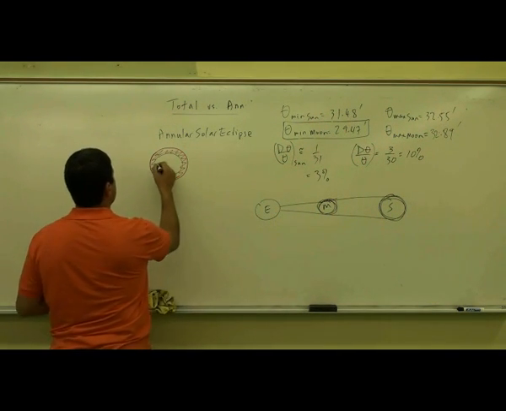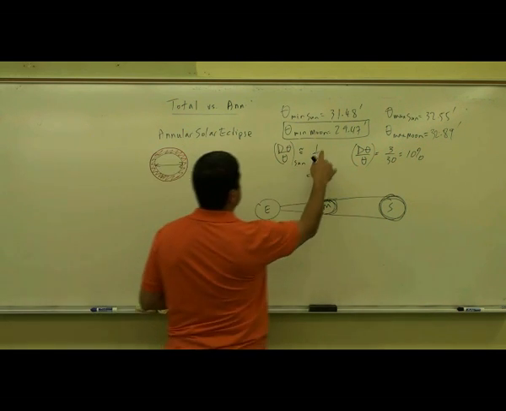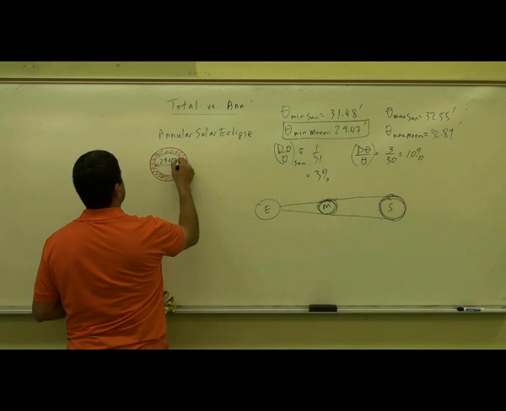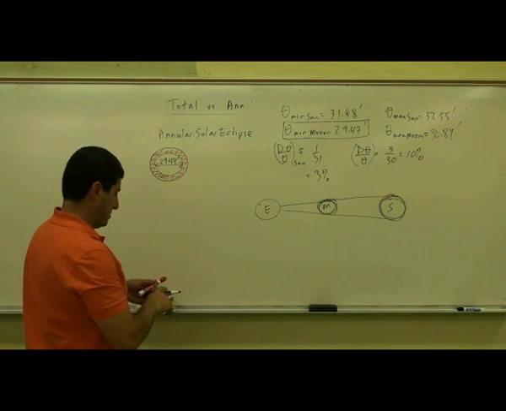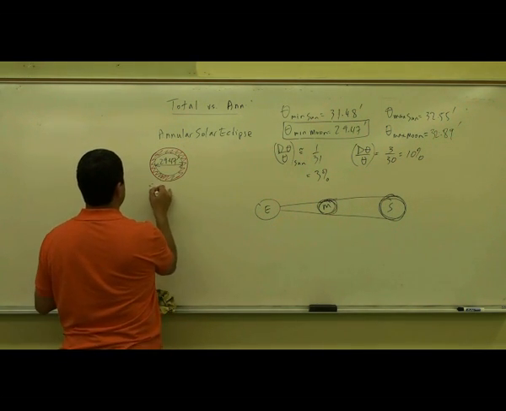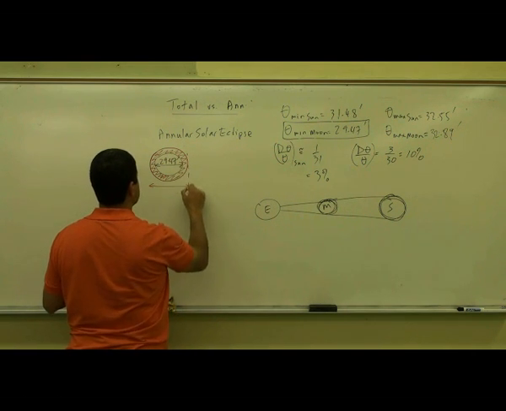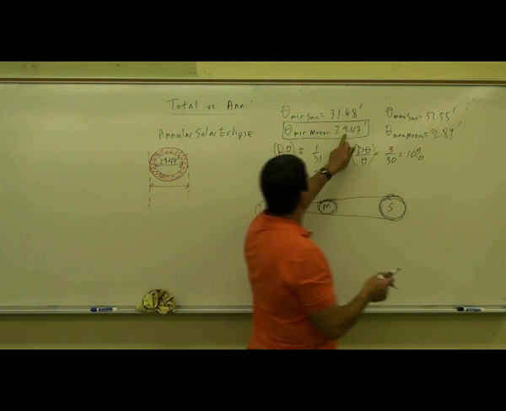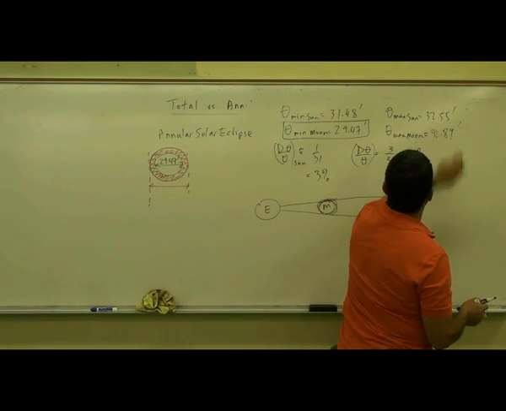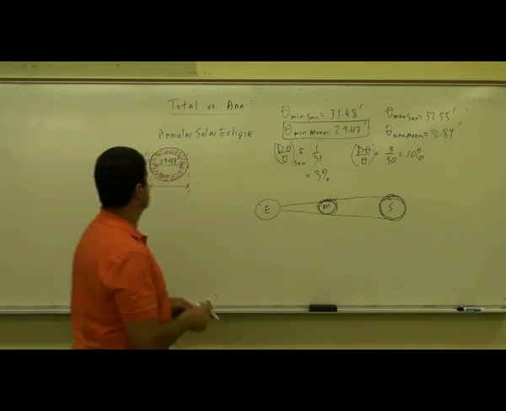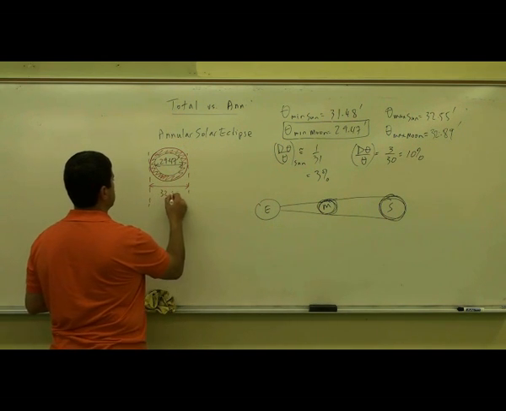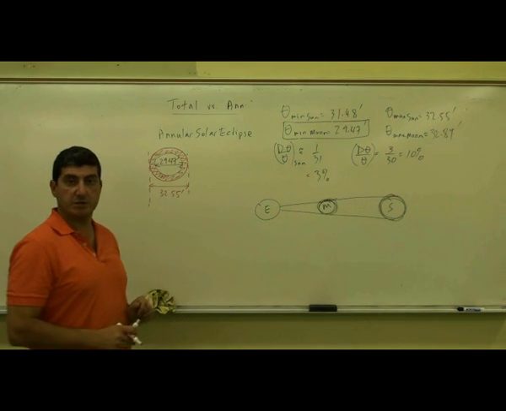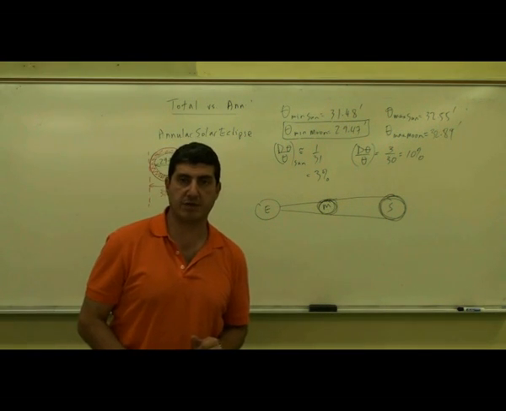So if the minimum for the moon is 29.47 arc minutes, and the biggest that the sun can be is 32.55 arc minutes, how big is the ring going to be? What's the largest that the ring can possibly be?